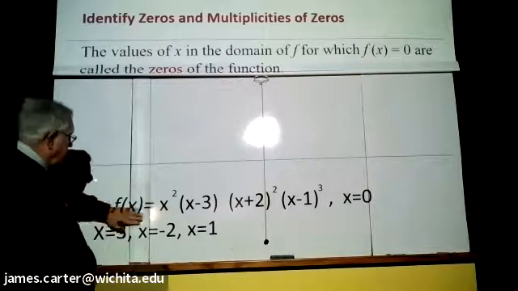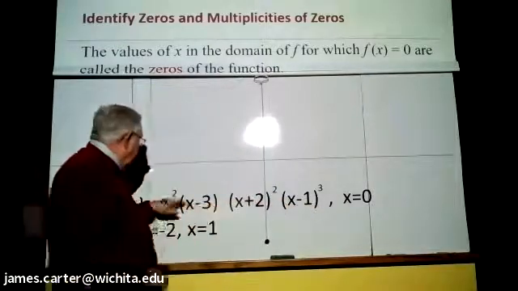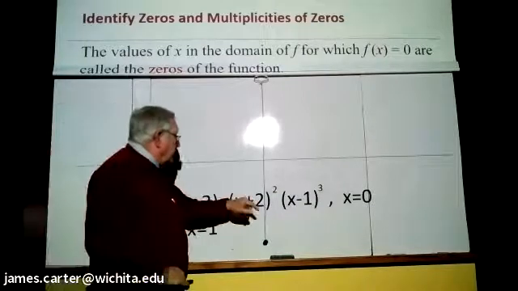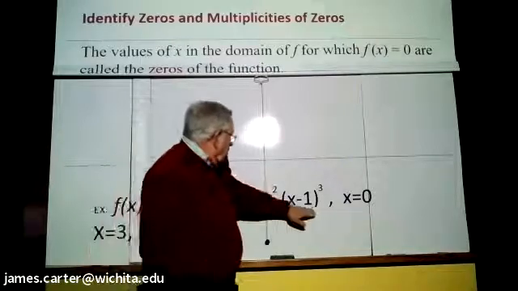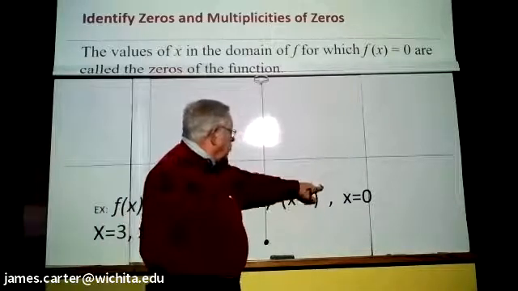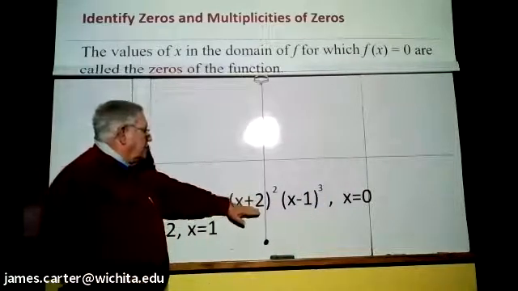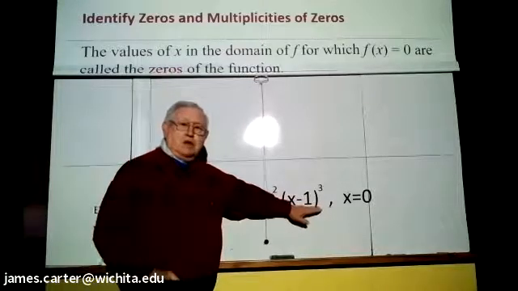This equation is factored into x squared times quantity x minus 3 times quantity x plus 2 squared times quantity x minus 1 cubed. That means this is actually x plus 2 times x plus 2, and this is x minus 1 times x minus 1 times x minus 1.